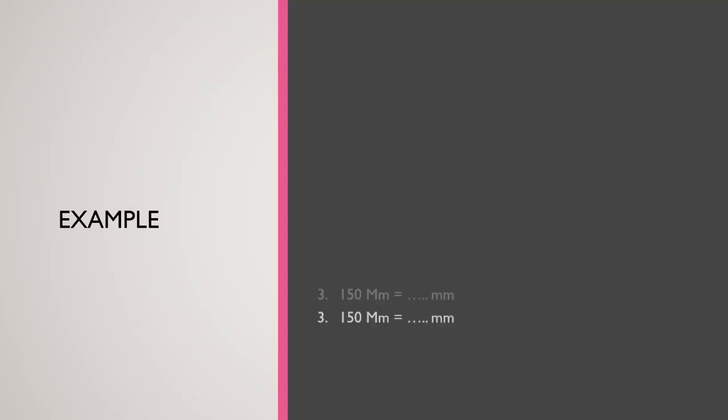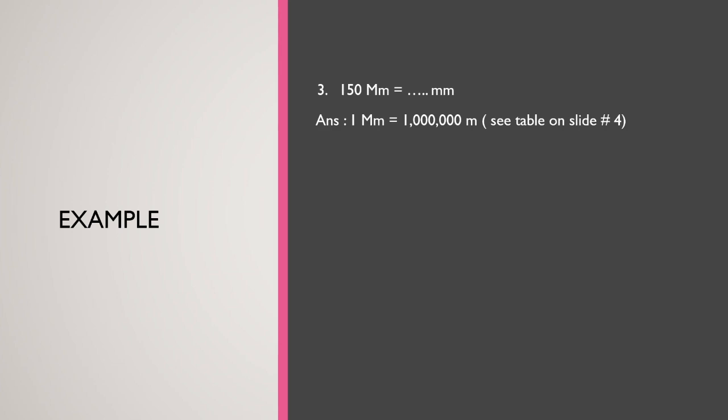The other example, 150 megameters are equal to how many millimeters? Looking at the metric chart, 1 megameter is equal to 1 million meters.